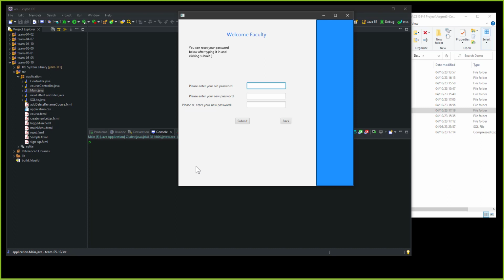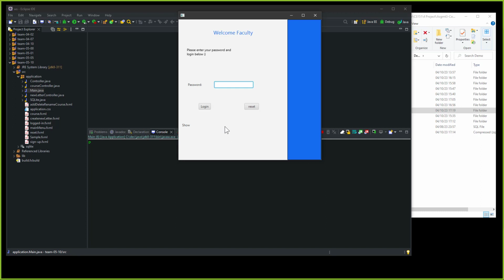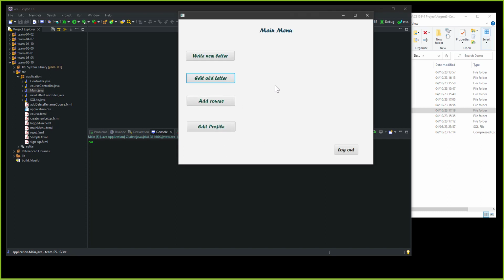You put here the old password, P, and let's say the other password, I put A and click submit. Successful. Then you need to automatically switch to the home page, something like that. And here A, login.